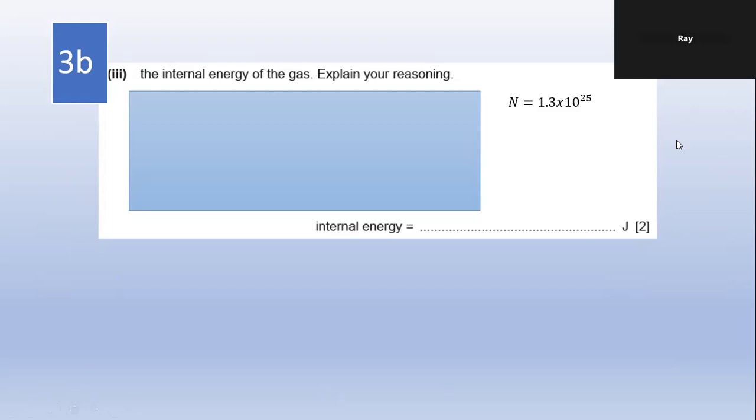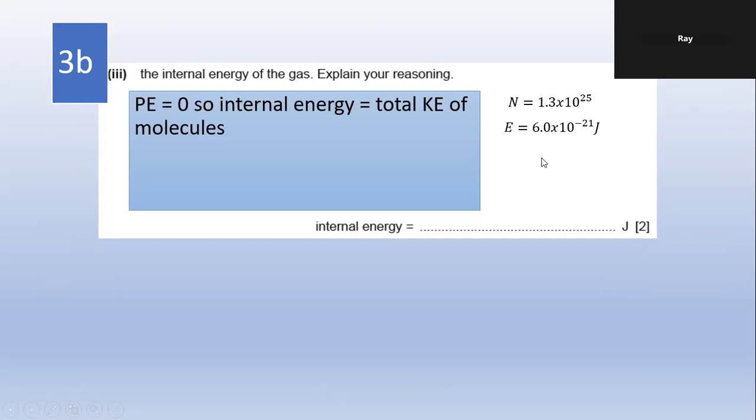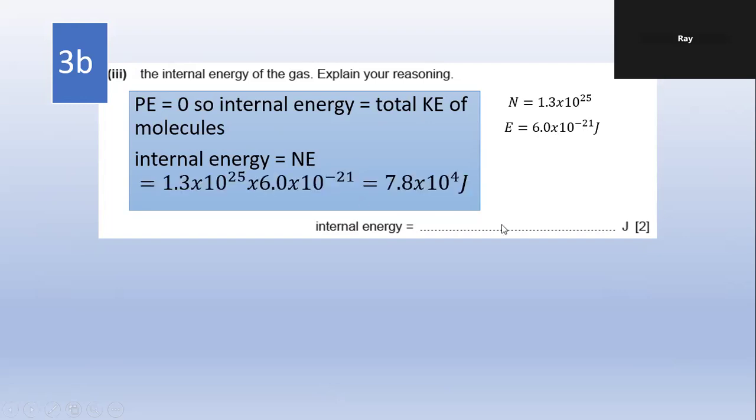We have calculated E. Right? Potential energy is zero, internal energy equals total kinetic energy of molecules. So it's N times E. E is for one molecule, so times N. Okay. Any comment?